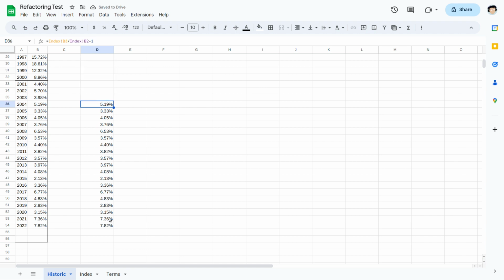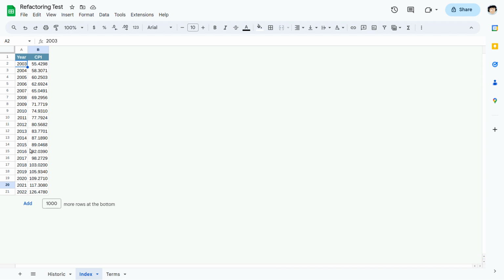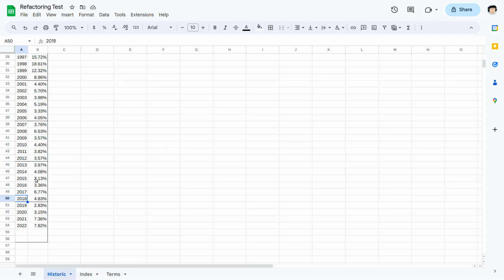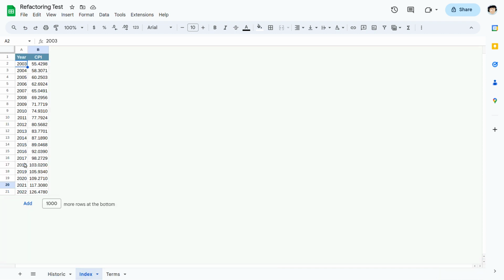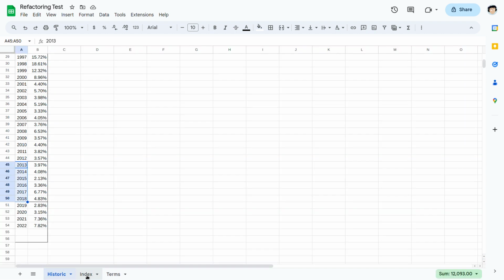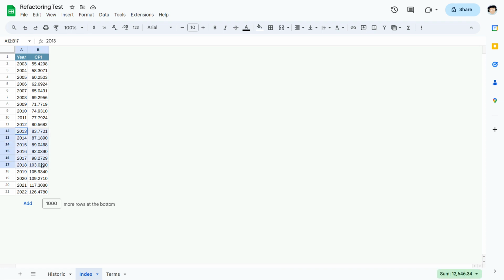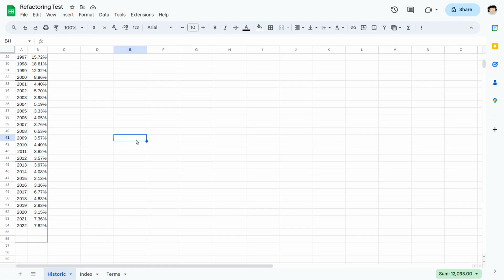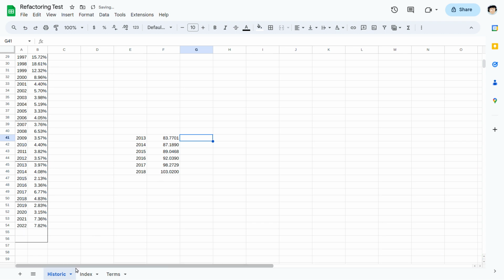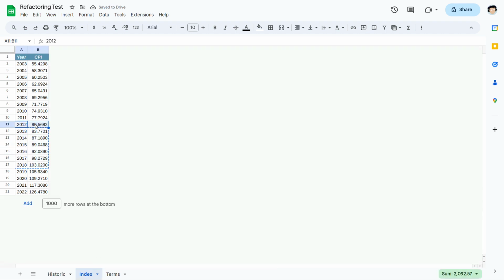So, I cannot just sum these percentages. Let me calculate the percentage of one period, which is from 2013 to 2018. So it's this one. Okay, I need 2012 as well.